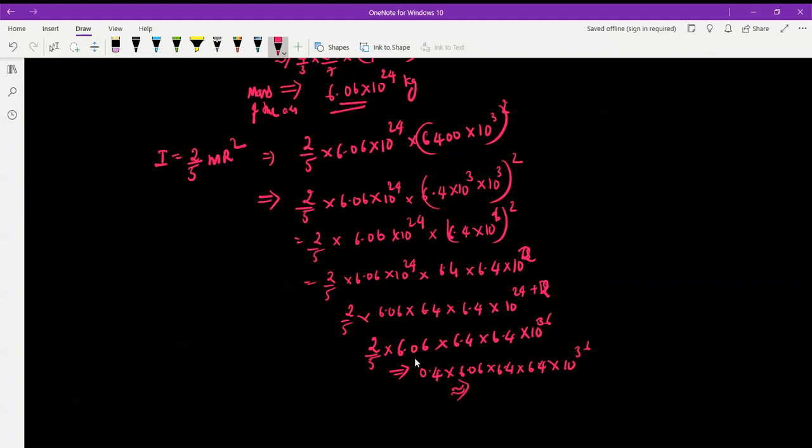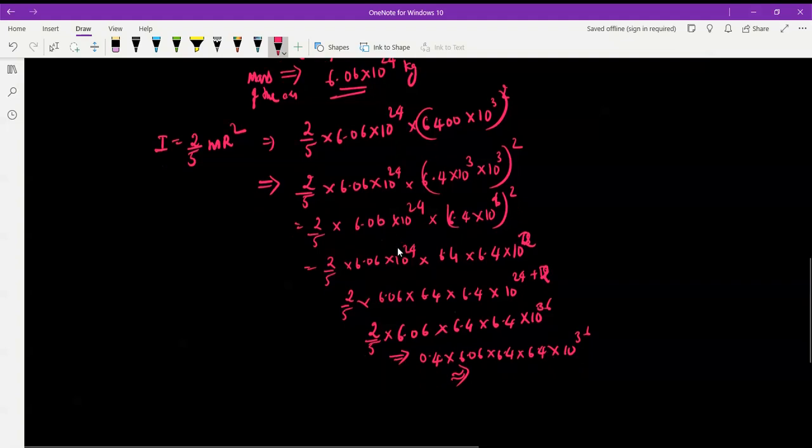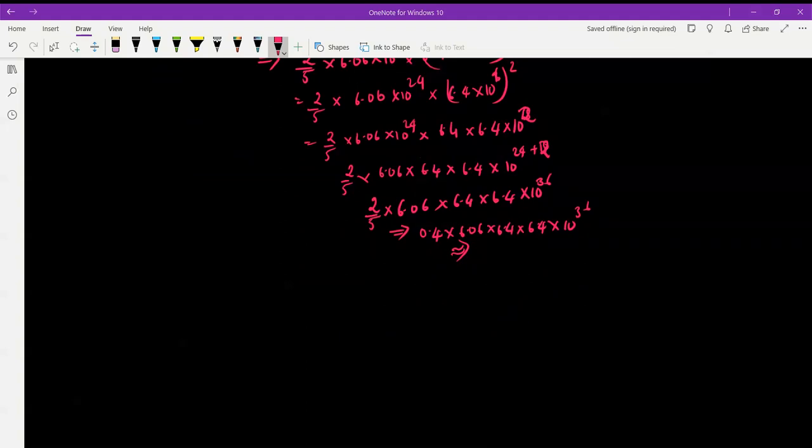What was the answer? You got it? If you don't calculate it, you will not get anything.